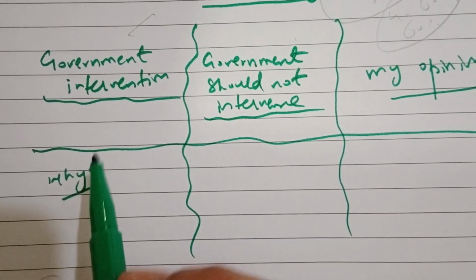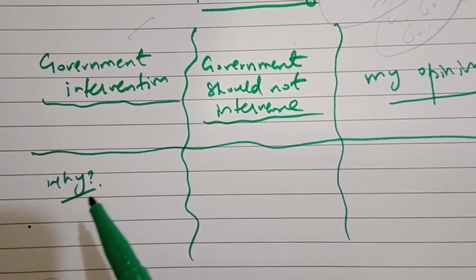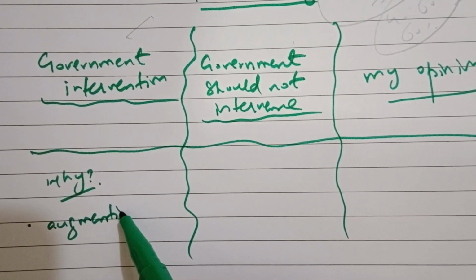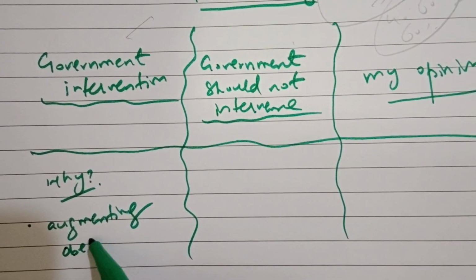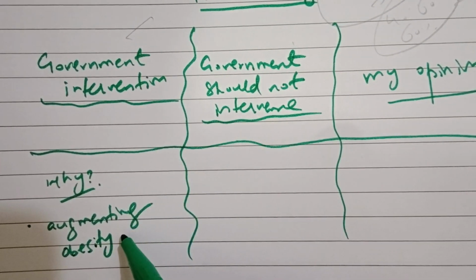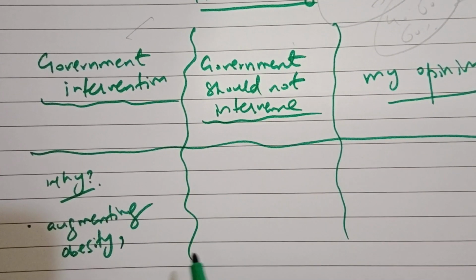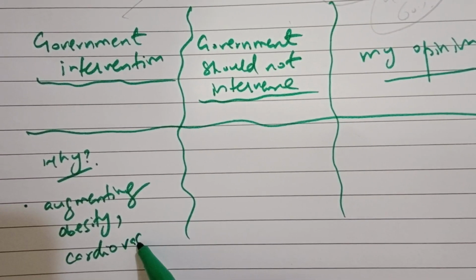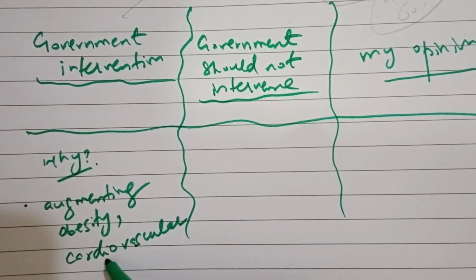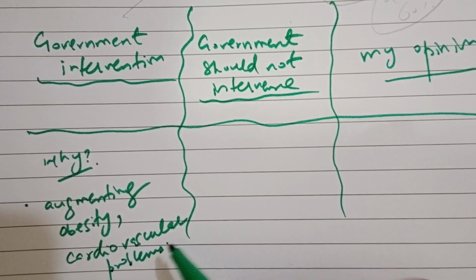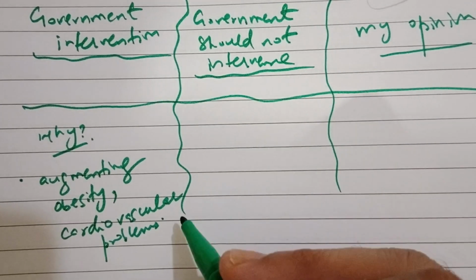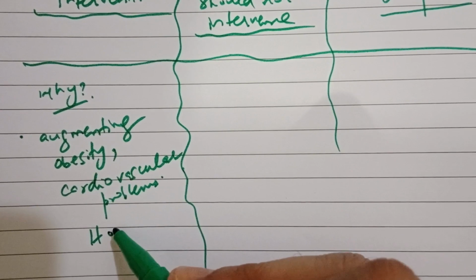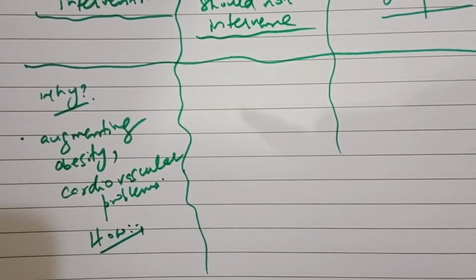Government should intervene because of augmenting obesity. Obesity is increasing, coupled with cardiovascular problems and other health issues as well. Now, how can government intervene? I'll also discuss this in this paragraph.